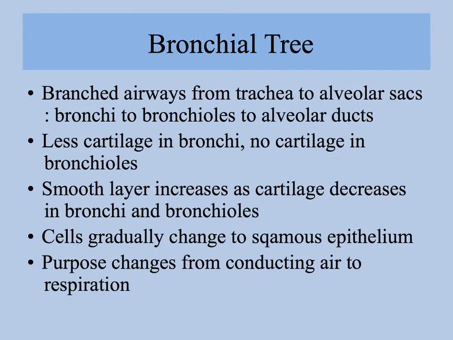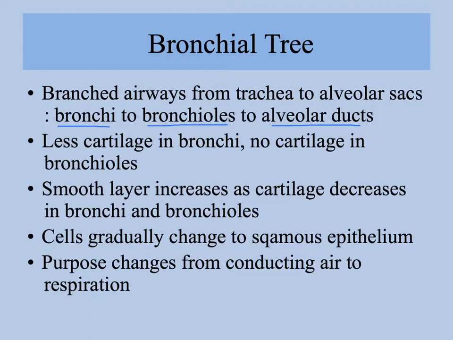The bronchial tree is the airways from the division point of your trachea to the very end of the tube system of the respiratory system. Actually, we should say the conduction system, the air that's being conducted down into your lungs. The trachea divides into a left and a right bronchus, or bronchi, then they go down to bronchioles, and finally to alveolar ducts.